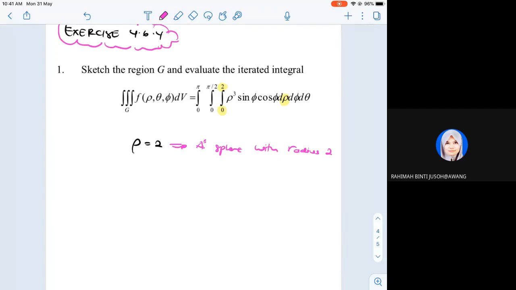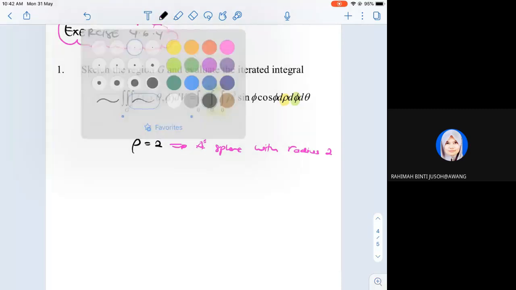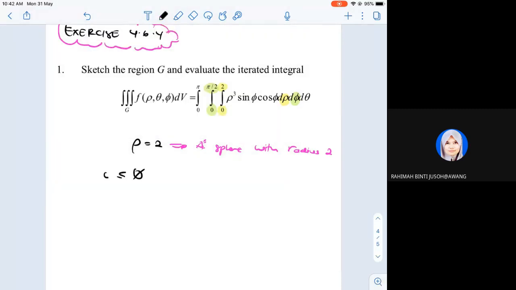Okay. Next we have phi. Phi is from 0 until pi over 2. Kalau paksi Z tu, dia daripada Z exist kan?